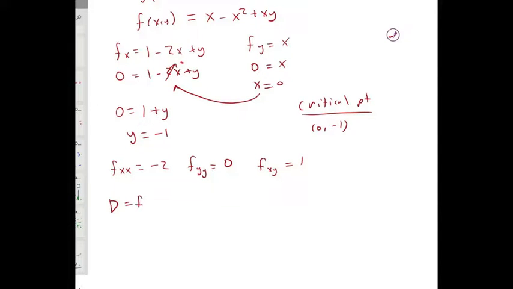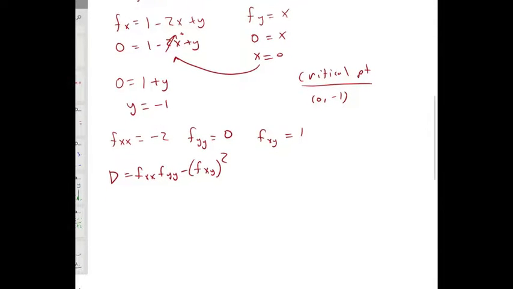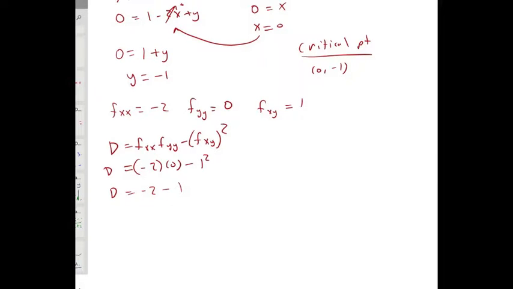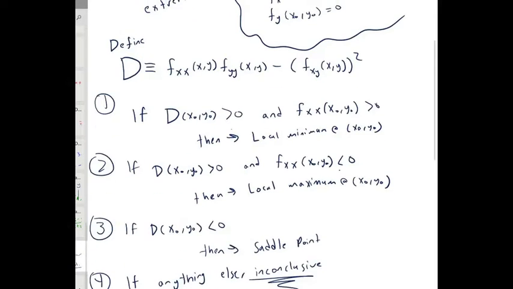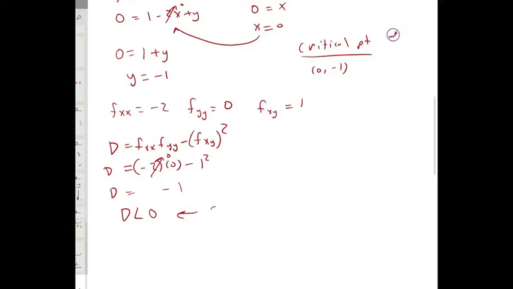So we have D, that's going to be negative 2 times 0 minus 1 squared, which is negative 1. So D is less than 0, so this is the saddle point case. So it's a saddle point at 0, negative 1.